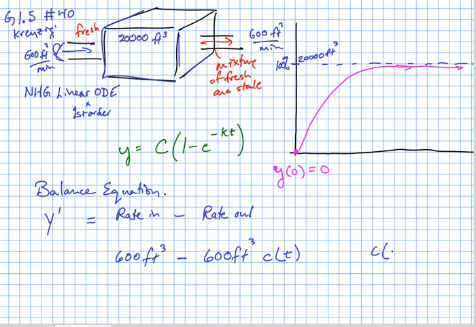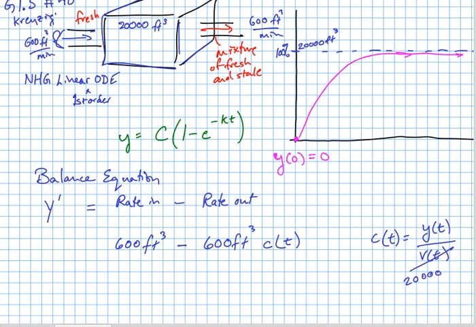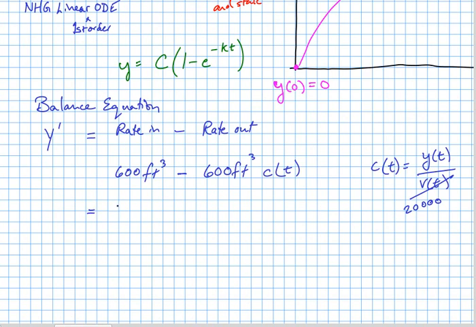And the concentration is going to be the amount of fresh air divided by the volume of the room. The volume of the room is 20,000. So we're going to see this being equal to 600 minus 600 times y of t over 20,000.